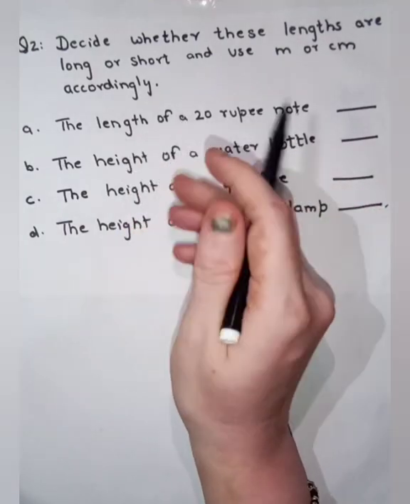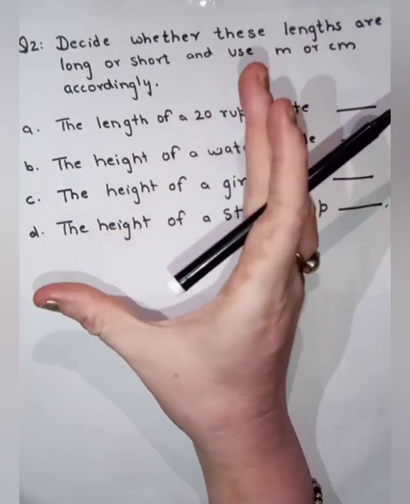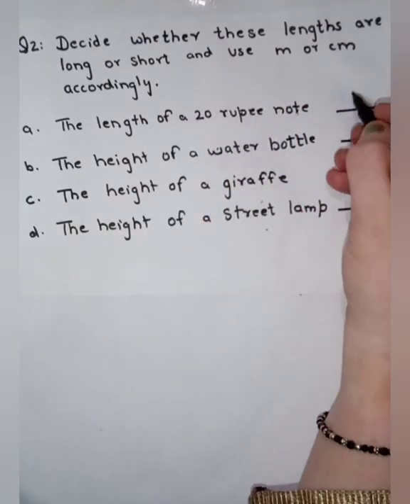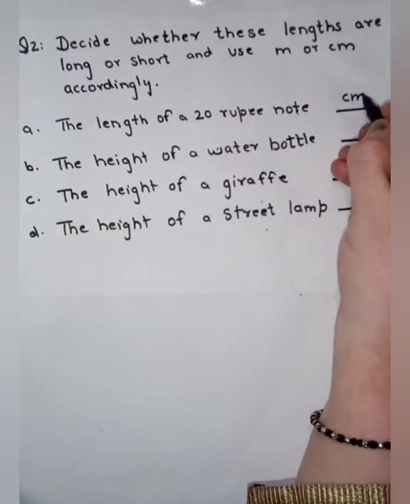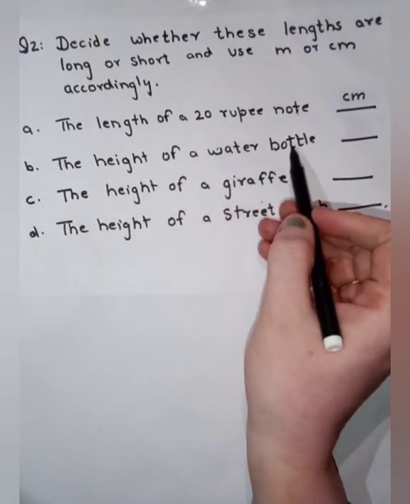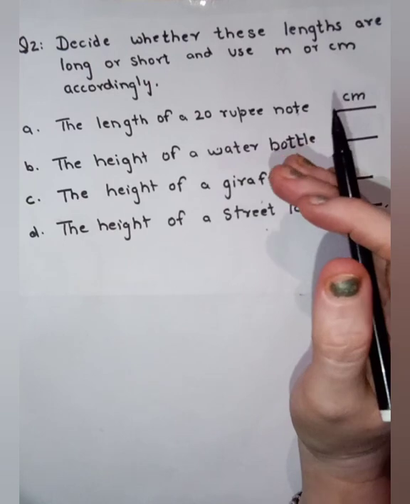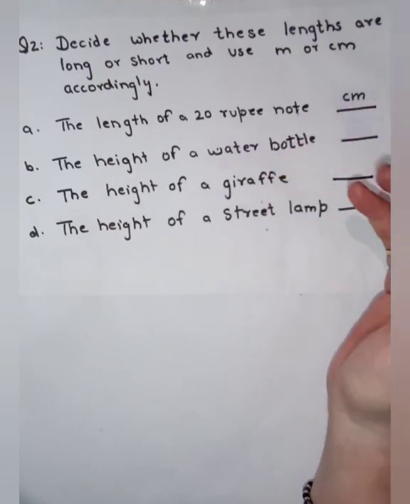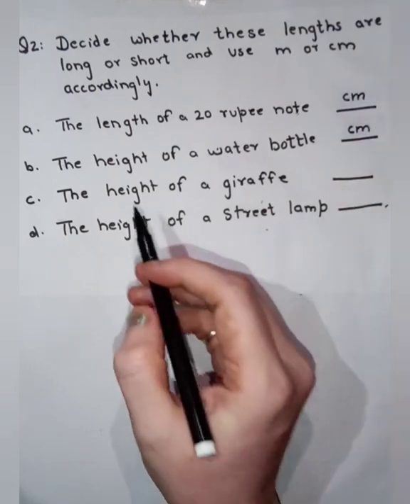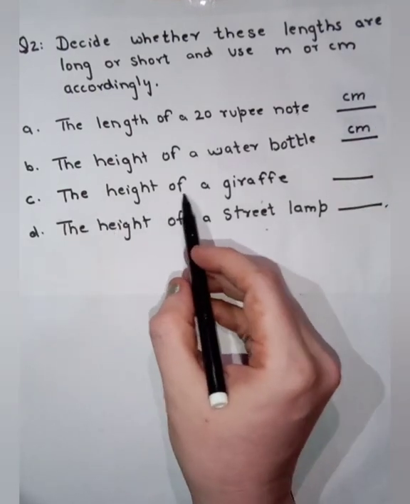A 20 rupee note is short. So we will measure in centimeter. Yes. The height of a water bottle. Water bottle is also short. It is not too long. Again in centimeter.